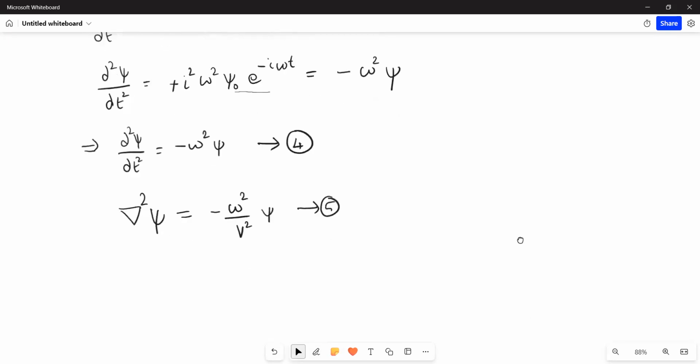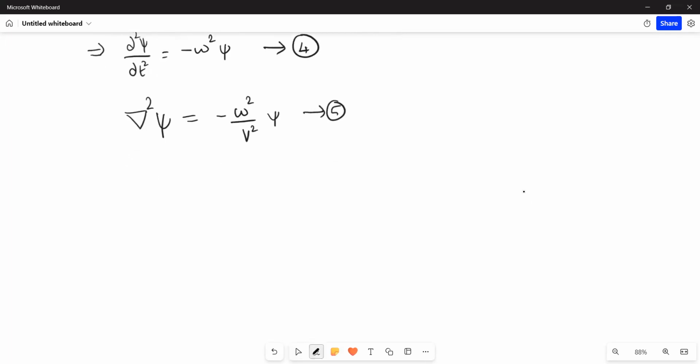And here you need to make some further simplification on this equation. First, you see you have omega square by v square. We need to make the further simplification for this. So for getting that, please take the omega value. Omega is nothing but 2 pi nu.